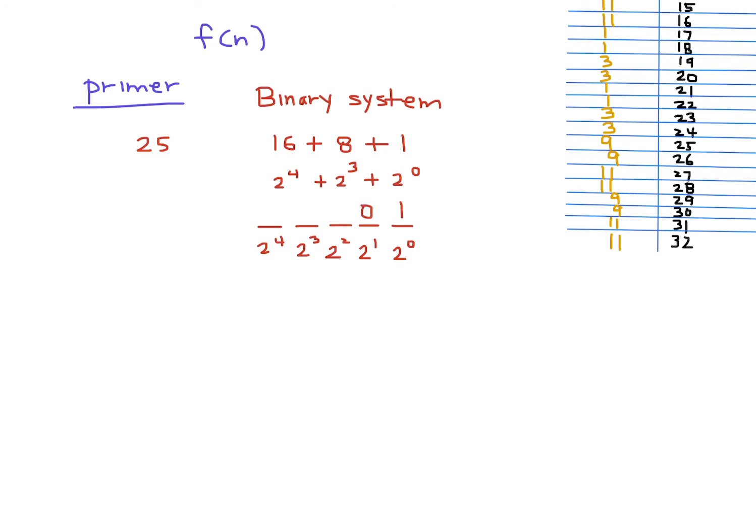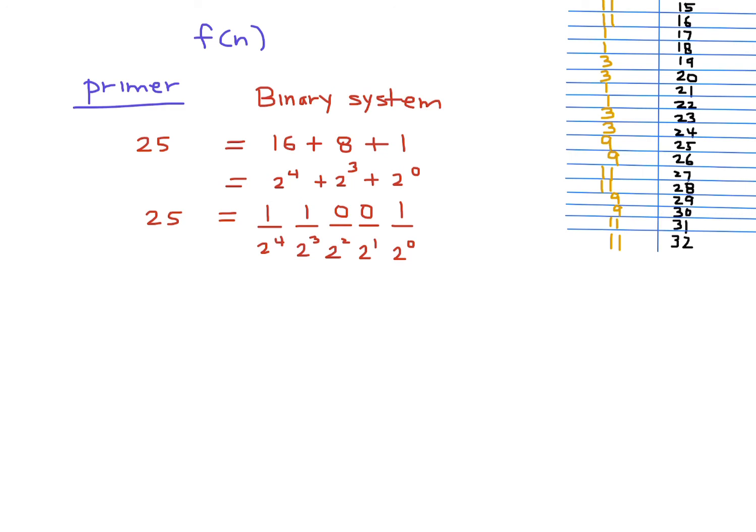So in our case, when I wrote 25, that was equal to 2 to the power of 4 plus 2 to the power of 3 plus 2 to the power of 0, correct? So that would be written in binary as 1, 0, 0, 1, 1, like that. So if you were to ask somebody to write 25 in binary, it would be 1, 1, 0, 0, 1, correct? So any number can be written in the binary system.